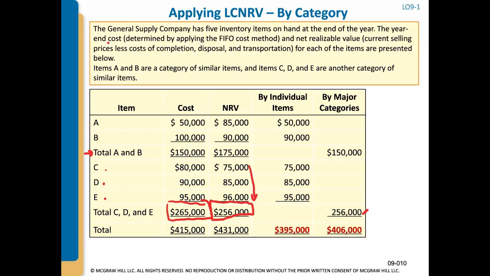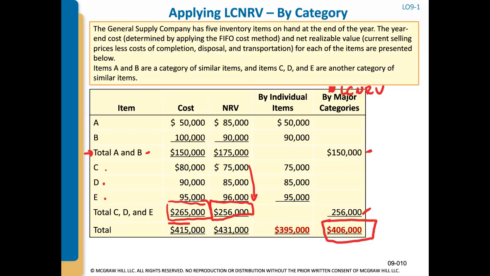So now when we look at what adjustment we need, if any, here's our lower of cost or net realizable value by category. We take the 150 from the first category and the 256 from the second category, and we get a total of 406.